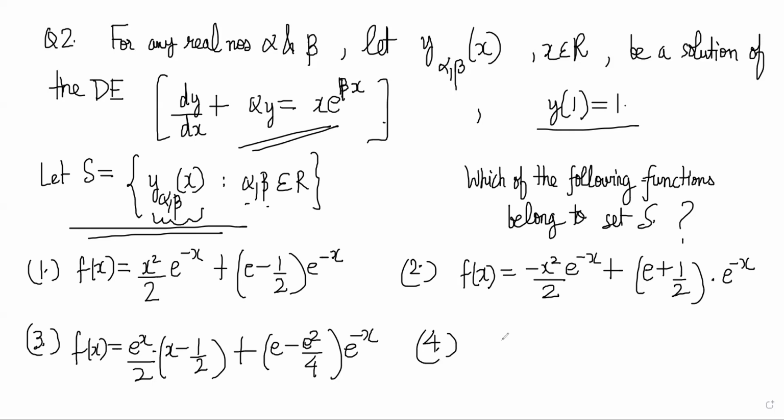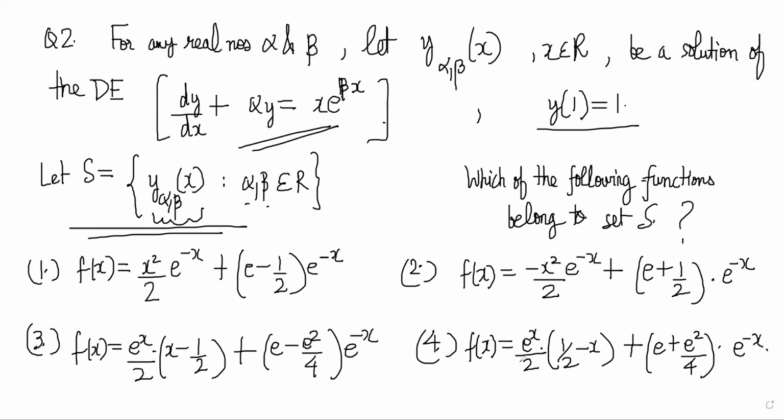And the fourth option is f(x) = (e^x/2)(1/2 - x) + (e + e²/4) e^(-x). So these are the four options. These are the four possible functions.